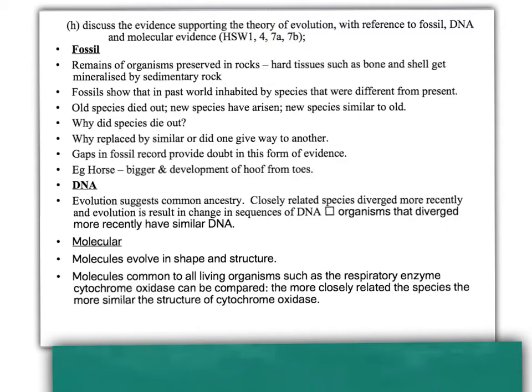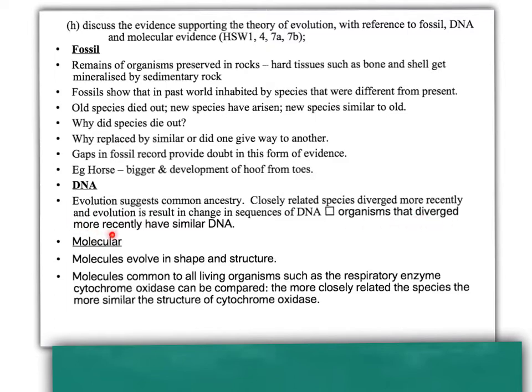Next is DNA. With our ability to sequence bits of DNA, what we find is that species which are closely related have more similar DNA, very simply. So closely related species diverged more recently, and evolution has resulted in changes in sequences of DNA.